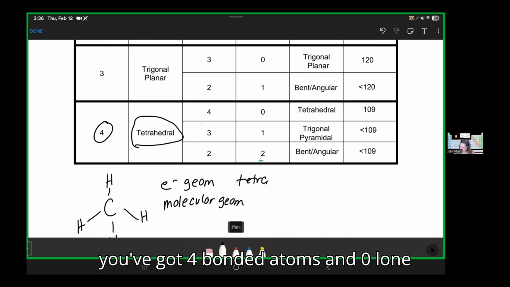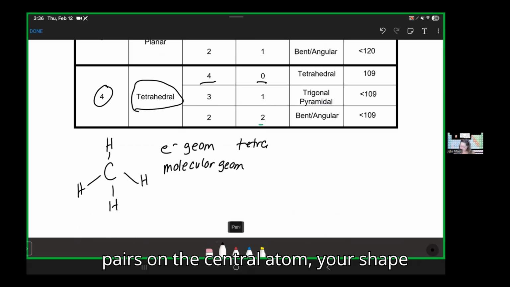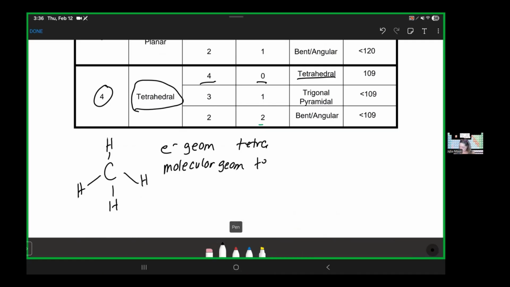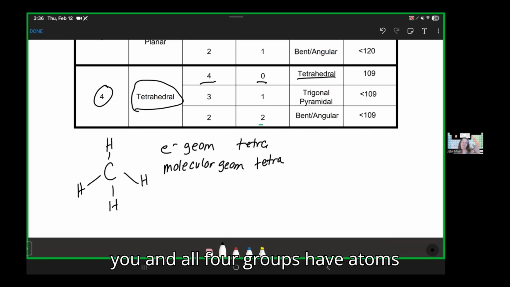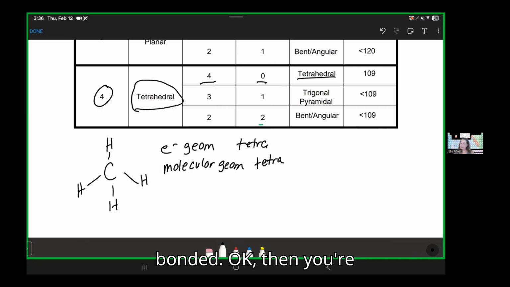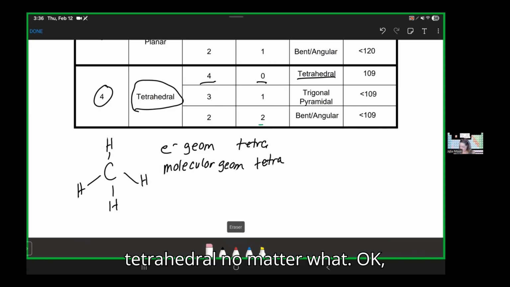If you've got 4 bonded atoms and 0 lone pairs on the central atom, your shape doesn't change, you're still tetrahedral. If you've got 4 groups around you and all 4 groups have atoms bonded, then you're tetrahedral, no matter what.